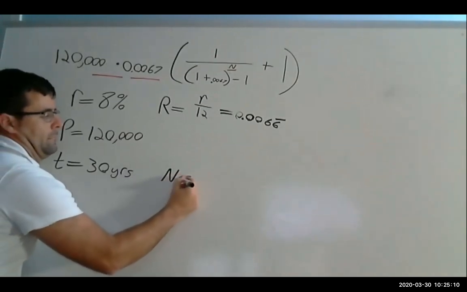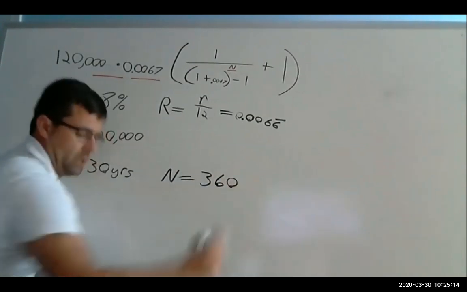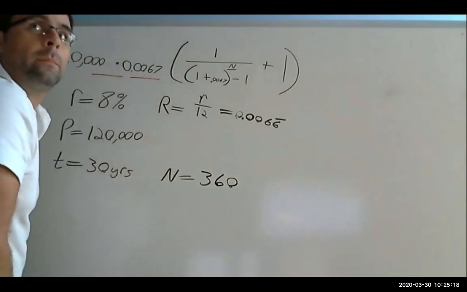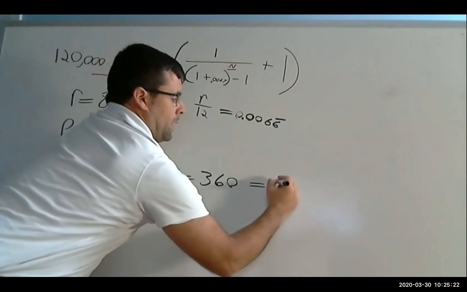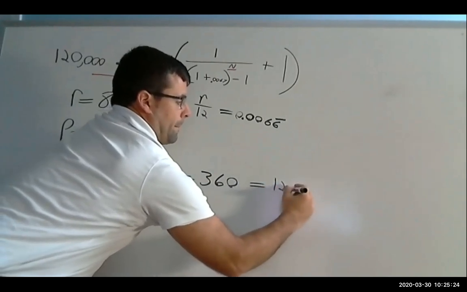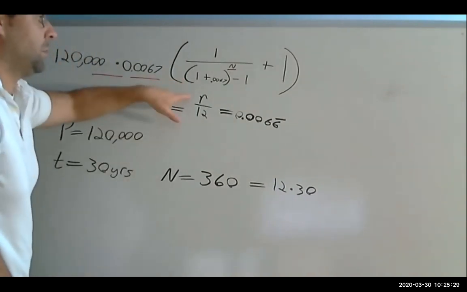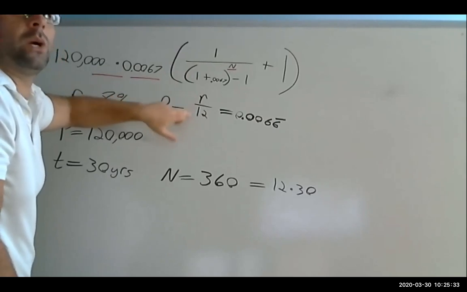Would it be 360? You are correct. It is 360. And how did you get that? I did 30 times 12. Right, just 12 months in a year. So we had to make this smaller because we divided it by 12.